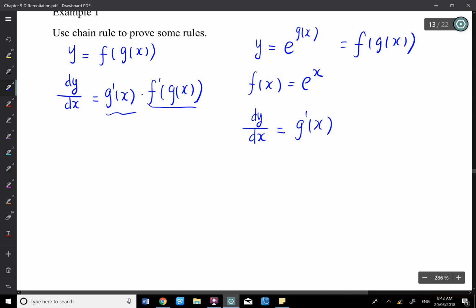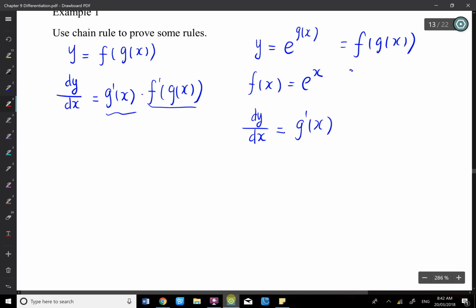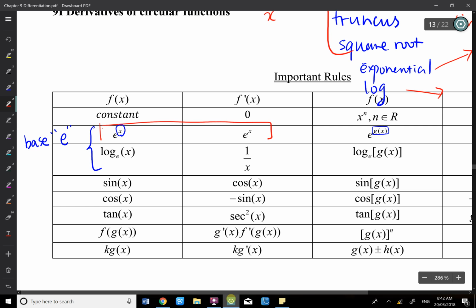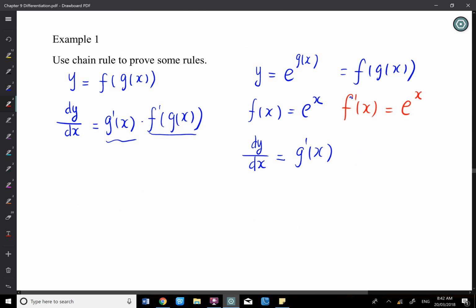So what is f dash x first? We need to think about what f dash x is. f of x is e to the power of x, so f dash x is still e to the power of x. That's the simplest version: e to the power of x still gives you e to the power of x.